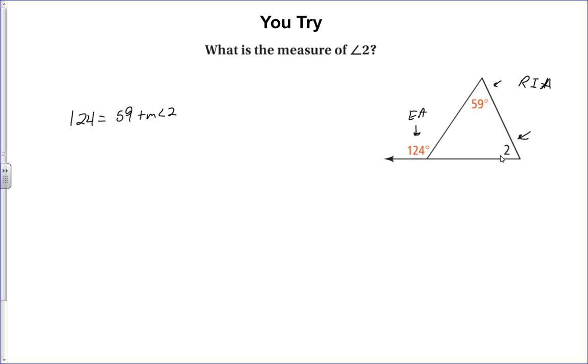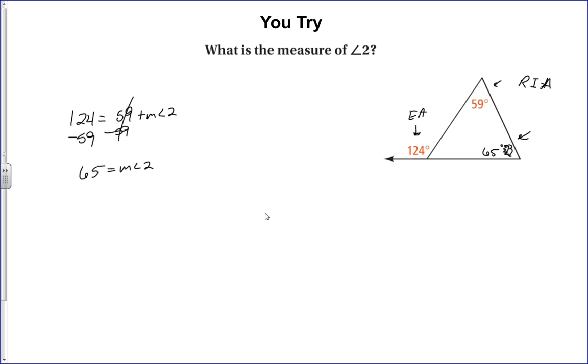The sum of these two equals this one. To find the measure of angle 2, subtract the 59 from both sides. 124 minus 59 is 65. So 65 equals the measure of angle 2. So the measure of angle 2 here is 65 degrees.